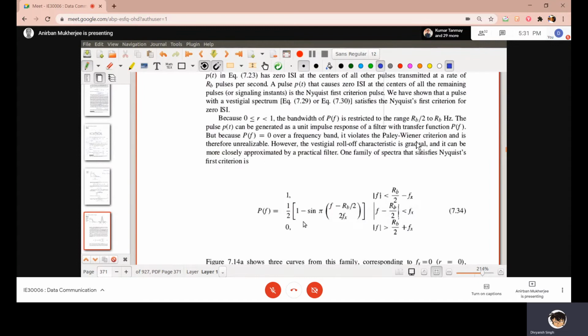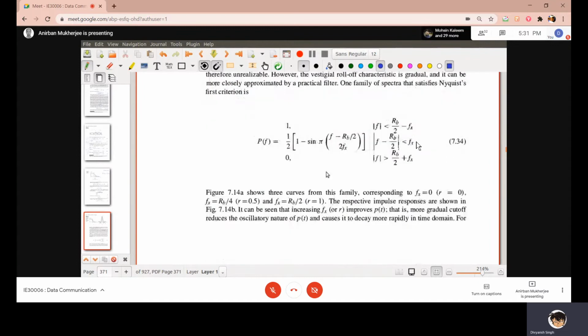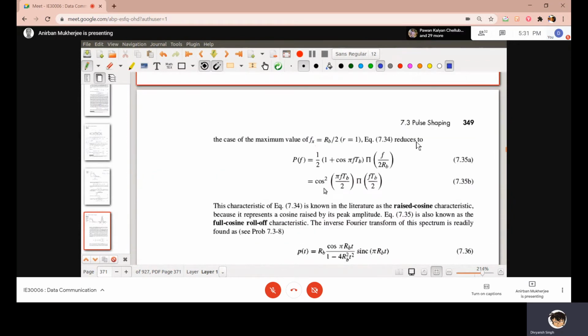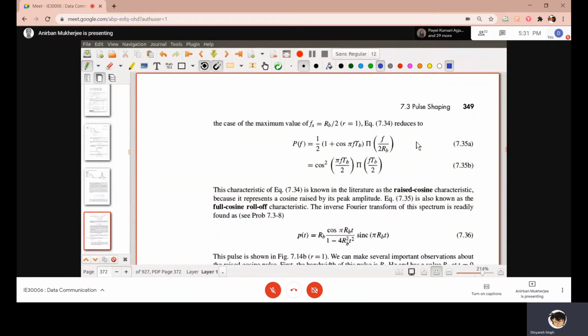With 1 minus sine 2 theta, it becomes cos square theta, and the 2 by 2 is gone. So it is coming like that. We call this a raised cosine characteristic, because the cosine is raised by its peak amplitude. And equation 7.35 is also a full cosine roll-off characteristic.